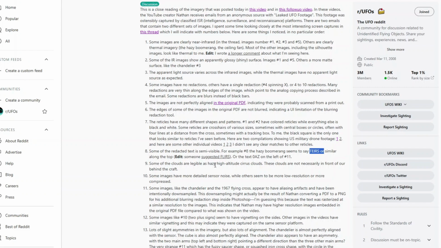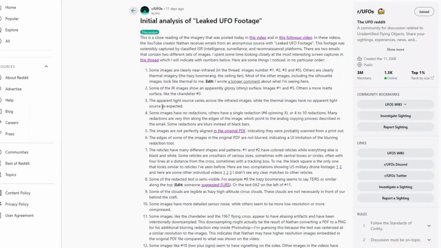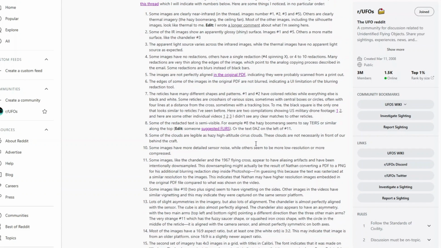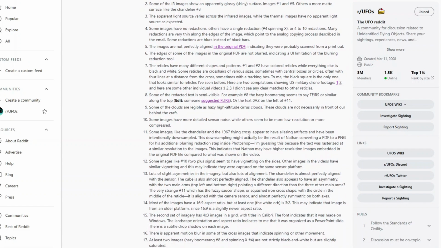One of the images you can have a look at, I think it's the sort of blurry boomerang shaped one. Yeah, the hazy boomerang shaped one. I think this is the image. Okay, no, it's not. But have a look at Strange Mysteries YouTube channel. He covered this specifically. But yeah.